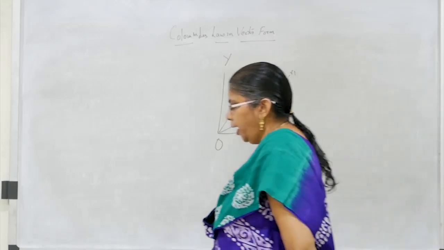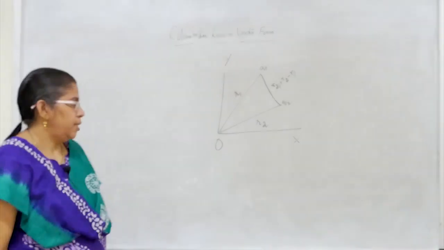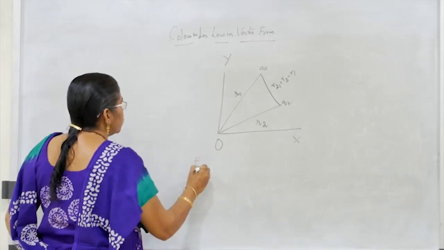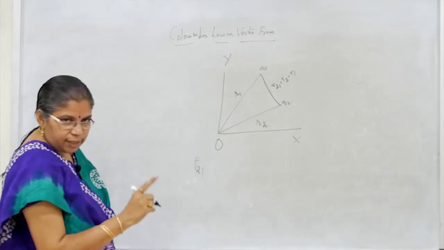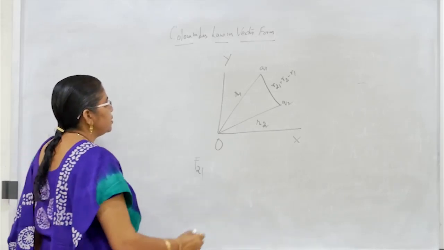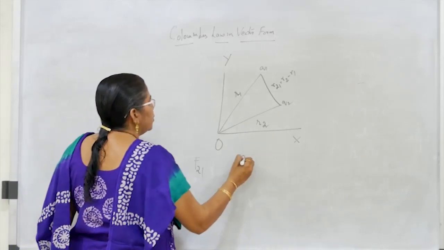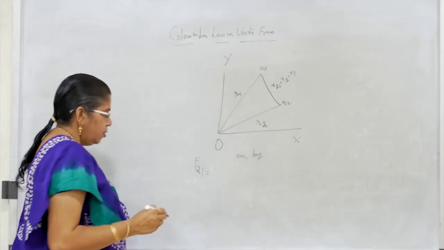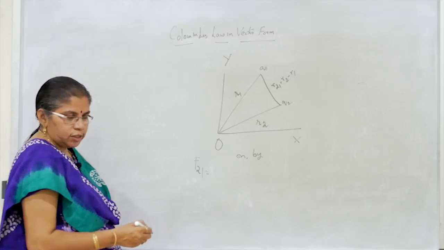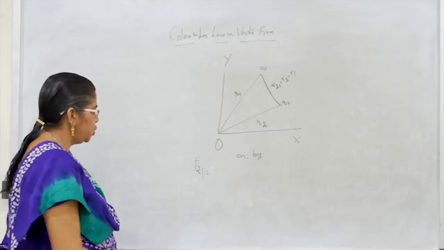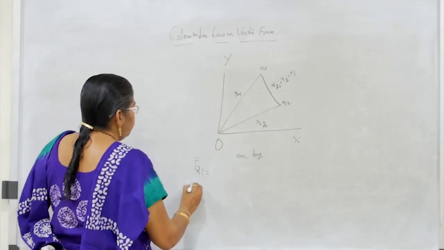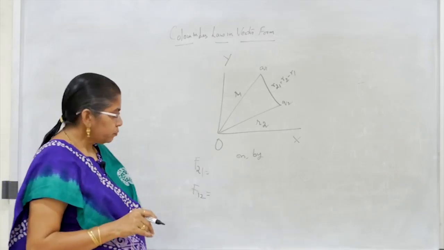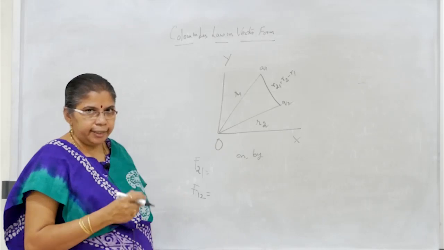Now I have two types of forces here. F21: the first number represents on, the second number represents by. So F21 is the force on the second due to the first charge, and F12 is the force on the first charge due to the second.